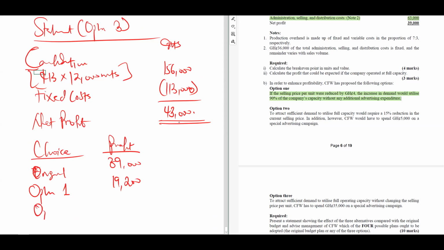Option 2, 15,400. Option 3, 43,000. So which one do we choose? Option 3. Go with option 3, to produce at full capacity and do more advertising.